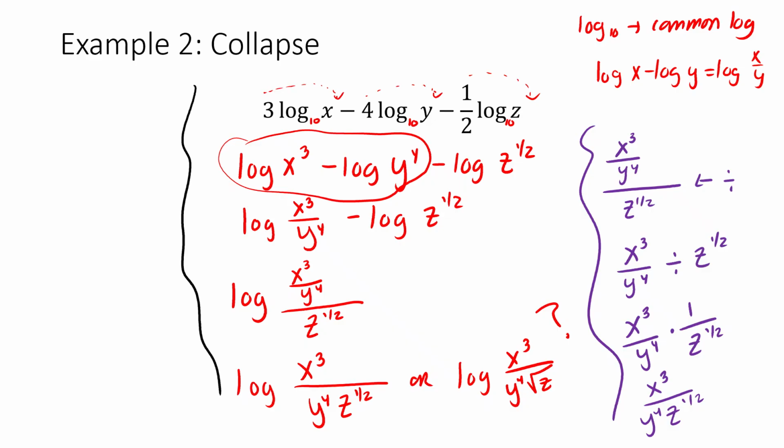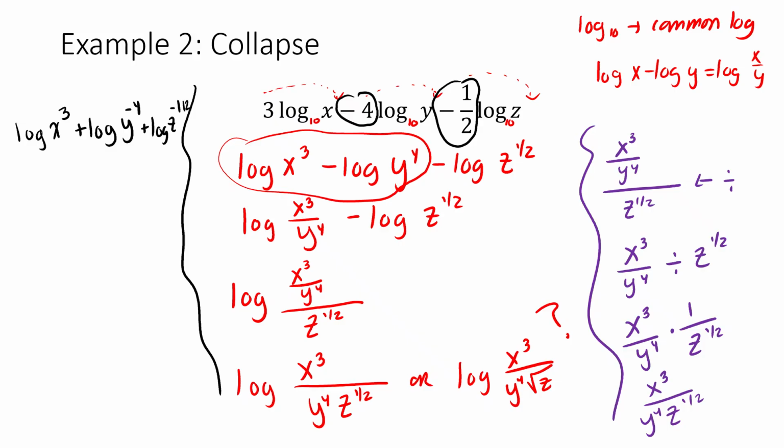In this very first step, you could do log x to the third, and instead of moving the 4, move it as a -4. And instead of as a 1/2, move it as a -1/2. So that would give you plus log y to the -4 plus log z to the -1/2.